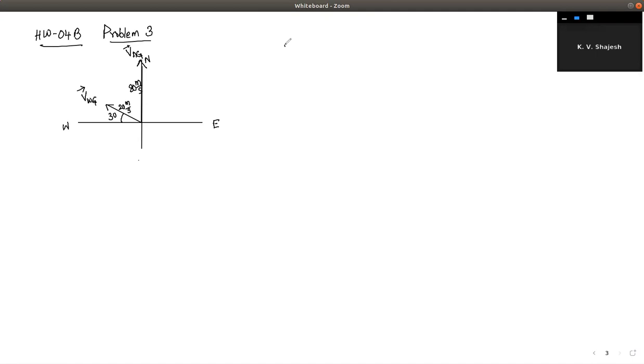So the velocity of the airplane with respect to the ground would be equal to the velocity of the airplane with respect to the wind. That's the speed with which it tries to go, but the wind is going to drift it. That's the velocity of the wind with respect to the ground.